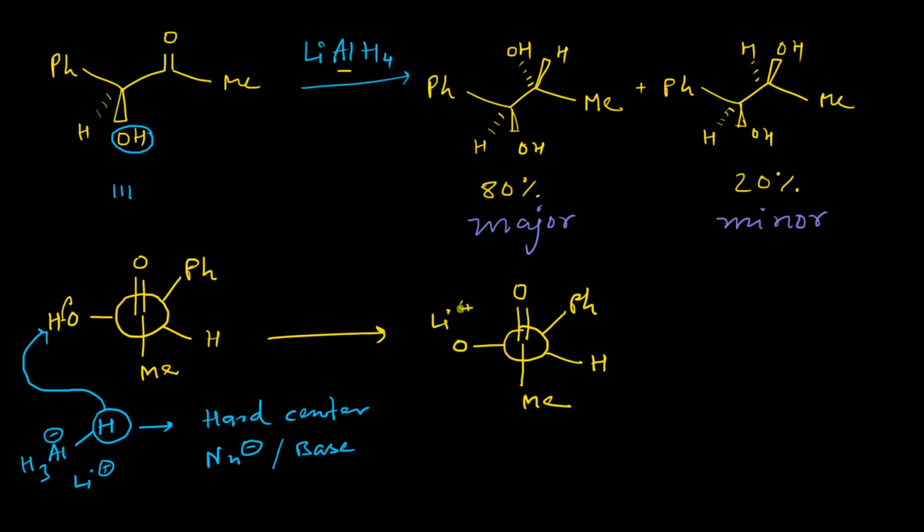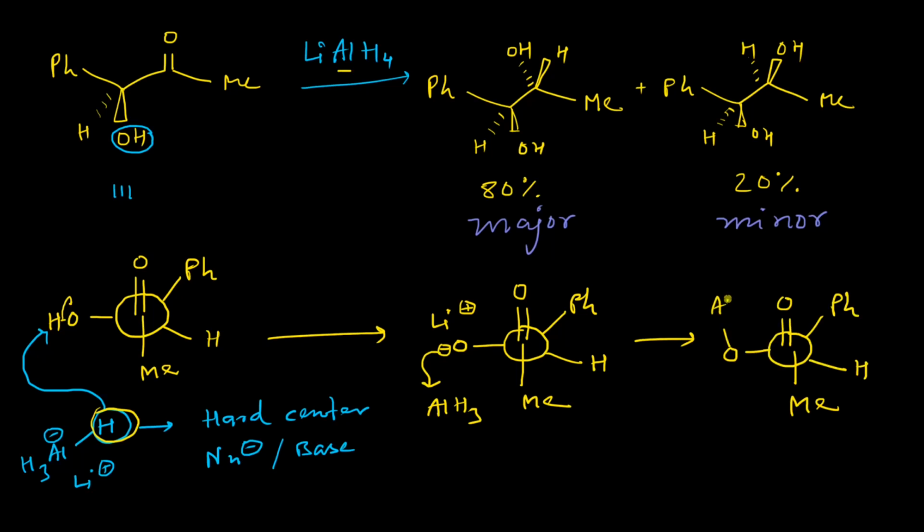So as you know, first it will form a lithium alkoxide, then the alane will form after the donation of this particular hydride to the carbonyl compound, and in the next step this O- will immediately attack this alane and thereby form a new lithium aluminum hydride derivative.